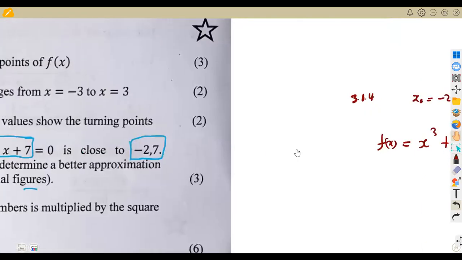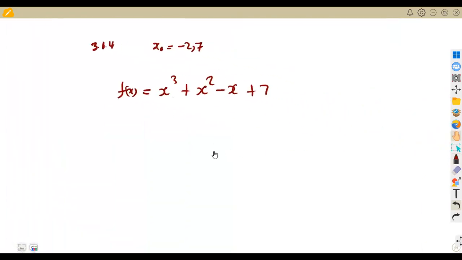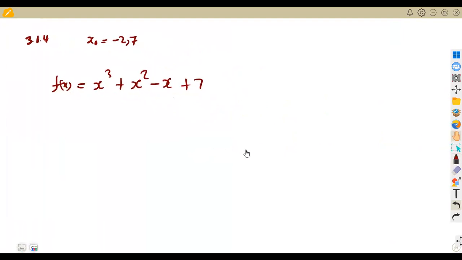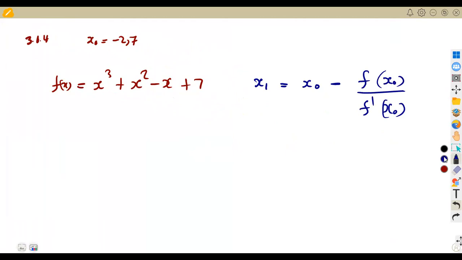So how are we going to apply our Newton's method in this case? Remember, it states that x1 is equal to x naught minus f of x naught over the first derivative of x naught, which is taken from the formula that states that x of n plus 1 is equal to xn minus f of xn over the first derivative of xn.